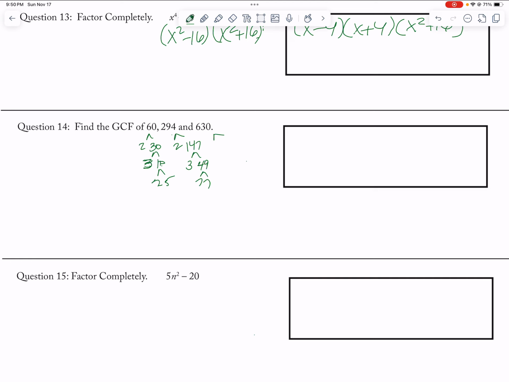And then 630 is 2 and 3, 15? Yeah. And then 4, 9, so this is 3 and 105, and then 5 and 21, and then 3 and 7. So my greatest common factor is 6.